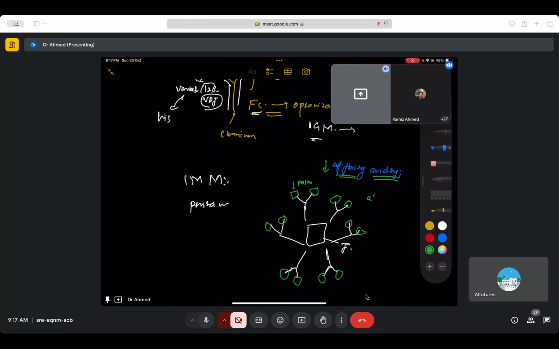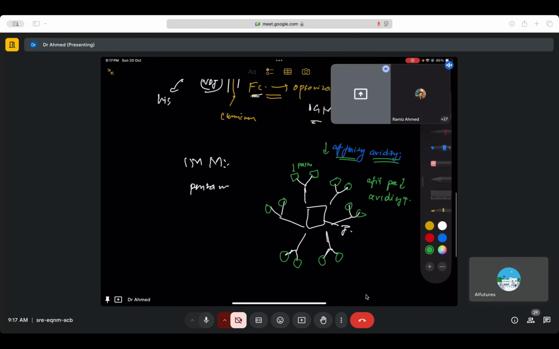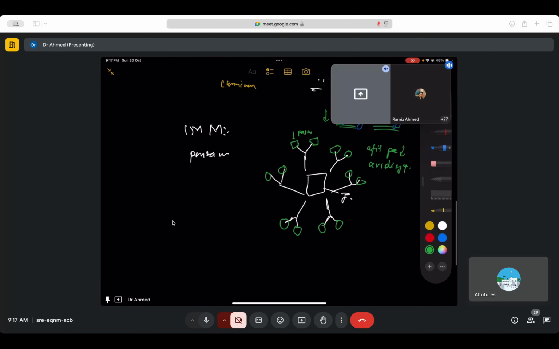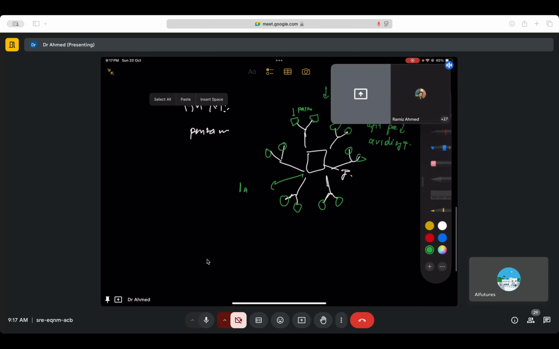So its affinity is less, but its avidity is more. Whenever we have a parasitic infection, IgM is released first, the first antibody released by your B cells, right? Then you have IgG.